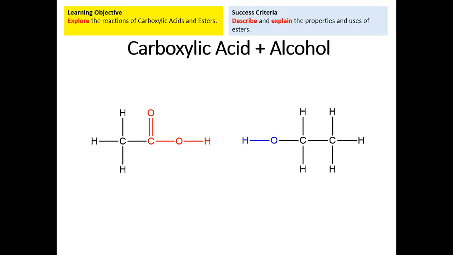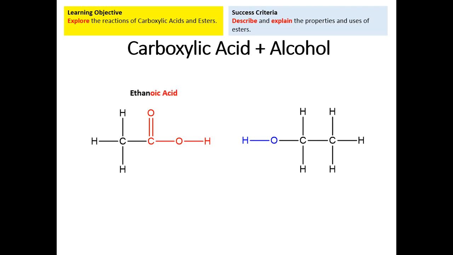So that's why they are facing each other, because something's going to happen between those two and make our ester. And I've put them in separate colours, because when we get the names for our esters, it's going to depend on which bit you've used from where, and it'll all become clear in a minute. So there are important bits.